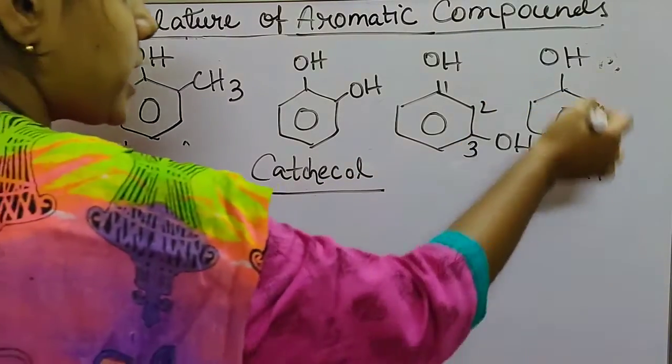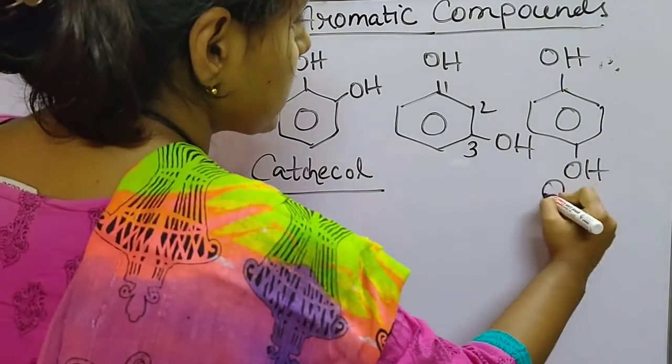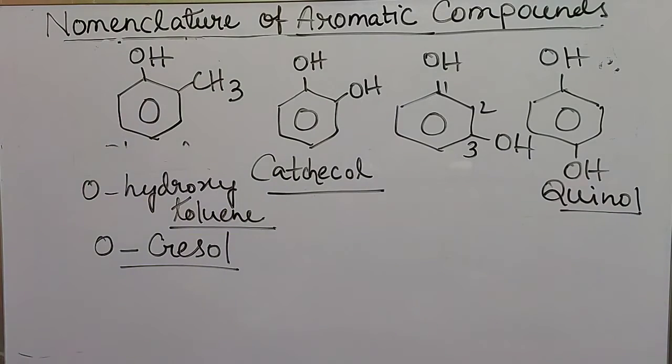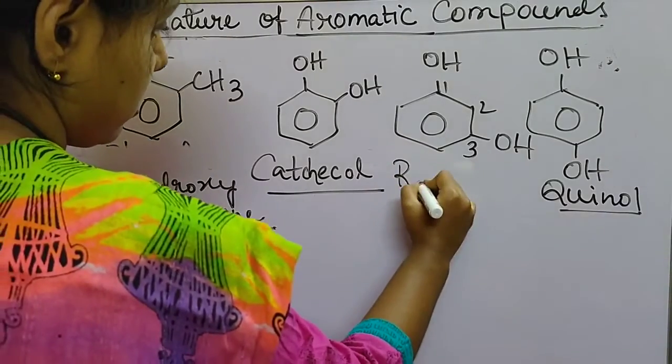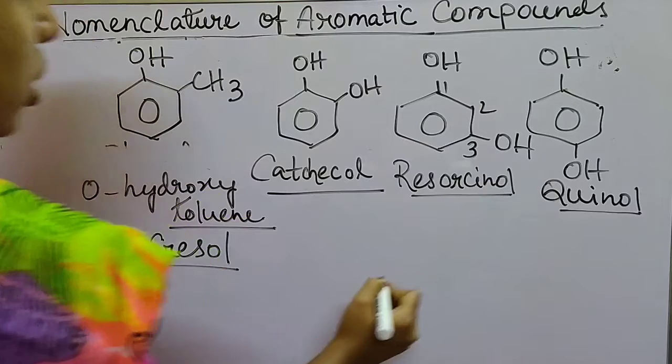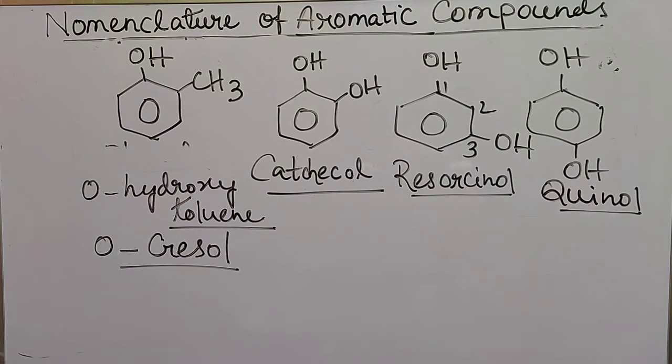When they are present at para positions, this is having the name that is quinol, QUINOL. And the meta compound is known as resorcinol. So they are having different names.